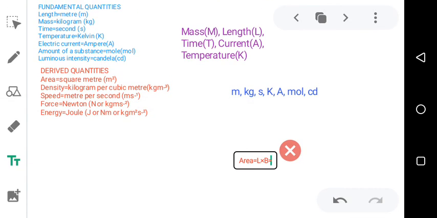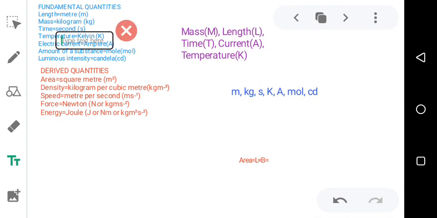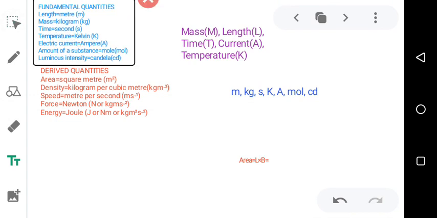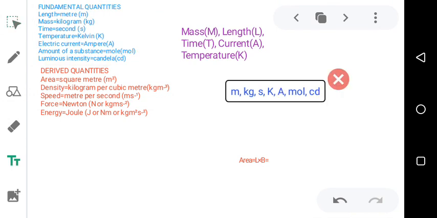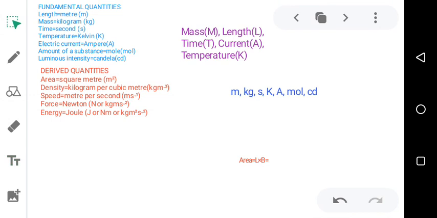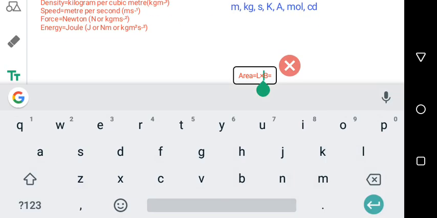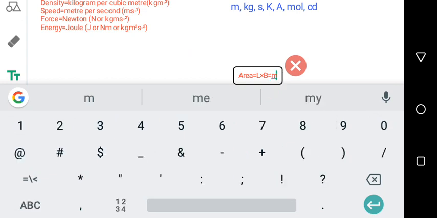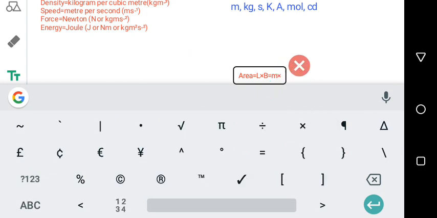You look at it now, you ask yourself, length is equivalent to which unit? Which unit does length have? Check here. Meter, right? From this place, M. So we represent it with M times breadth.